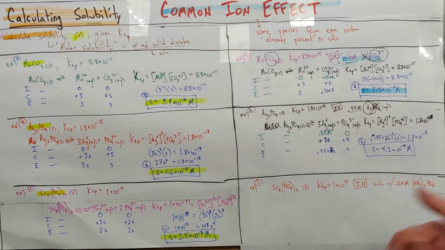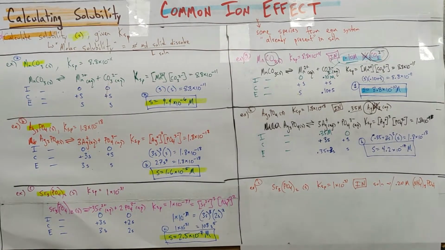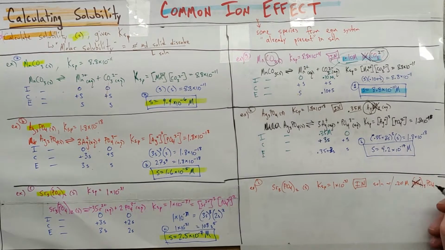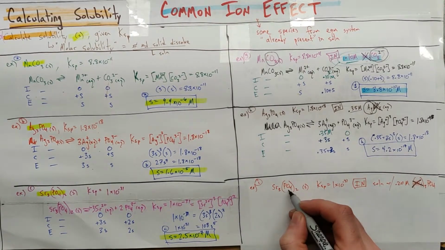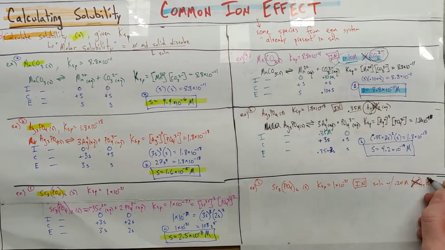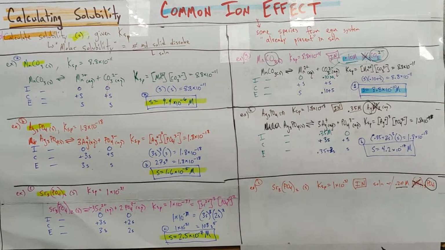A quick note to ourselves, this is our insoluble compound, so I'm not worried about things that aren't part of that. I have strontium and phosphate, I have ammonium and phosphate. Phosphate is the part I actually care about.